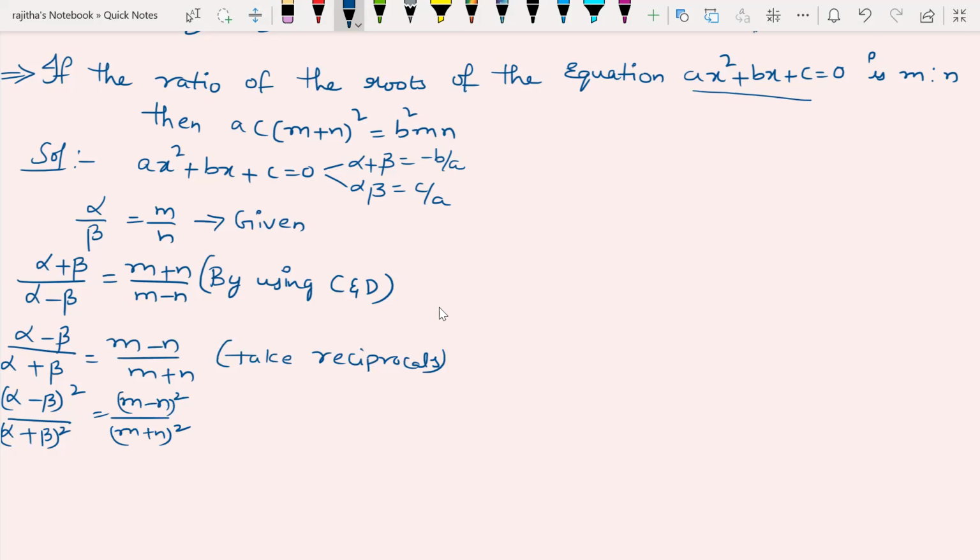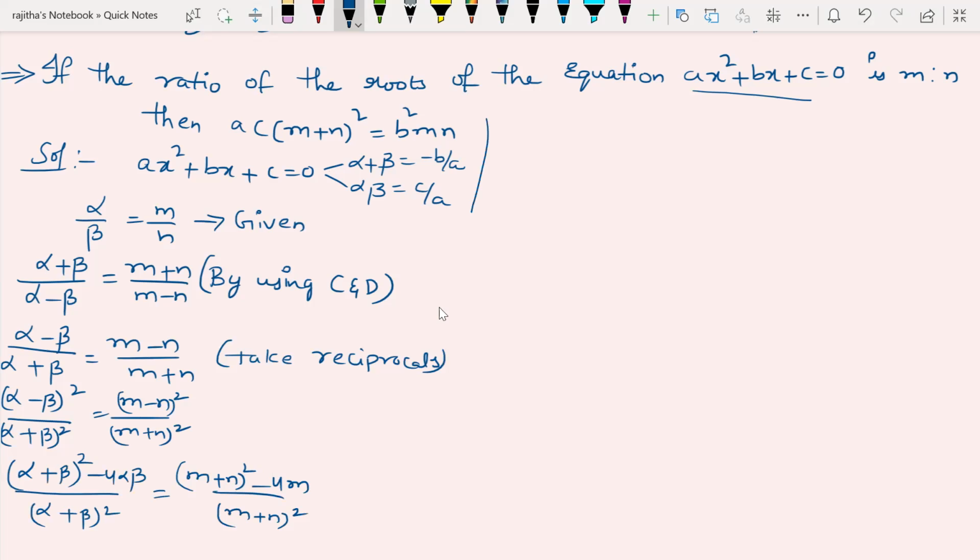See, you know the notation for (alpha minus beta) whole square. Can I write (alpha plus beta) whole square minus 4 alpha beta, by (alpha plus beta) whole square. Similarly, (m plus n) whole square minus 4mn by (m plus n) whole square. In this, the denominators cancel, and 1 also gets cancelled. Simply, alpha beta by (alpha plus beta) whole square is equal to mn by (m plus n) whole square.